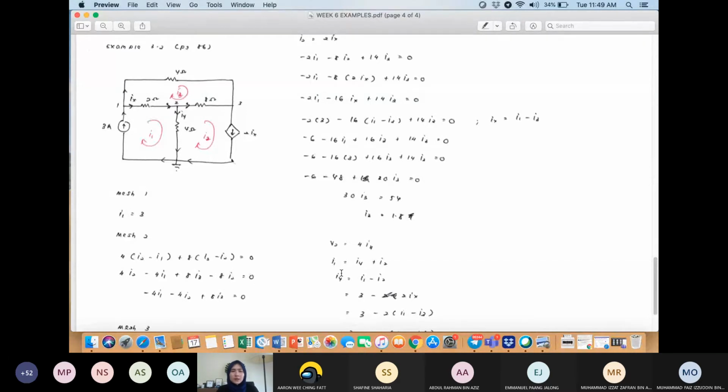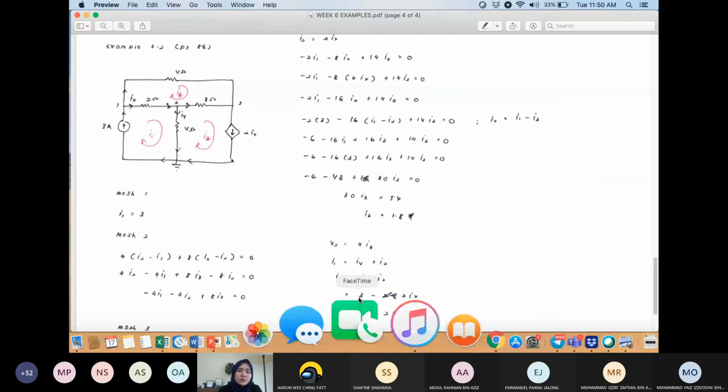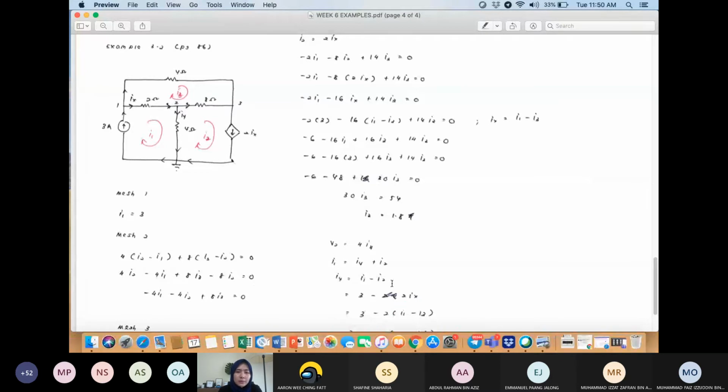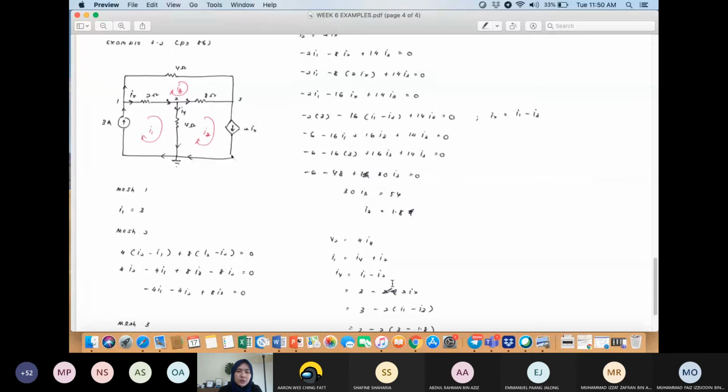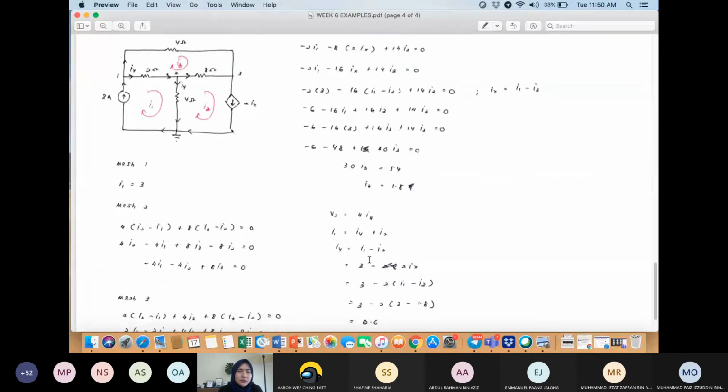And I1 is equal to I4 plus I2. This is the KCL at this node 2. So I4 is equal to I1 minus I2. I1 is 3, I2 is 2Ix, and Ix is I1 minus I3.